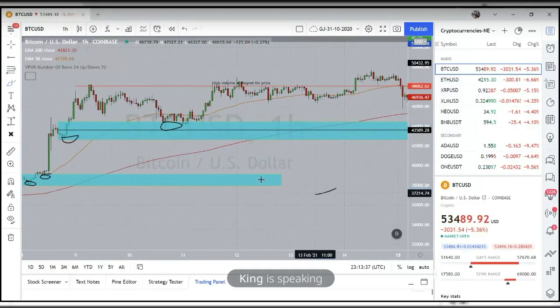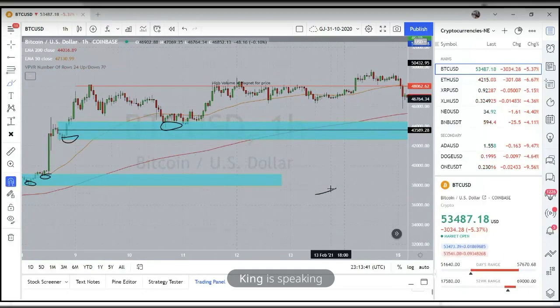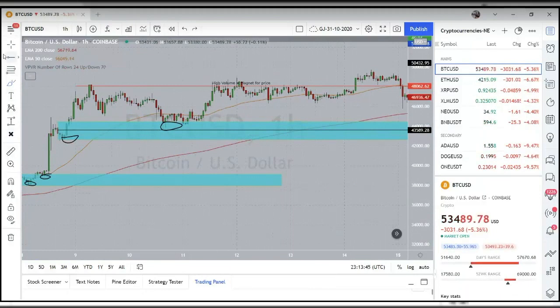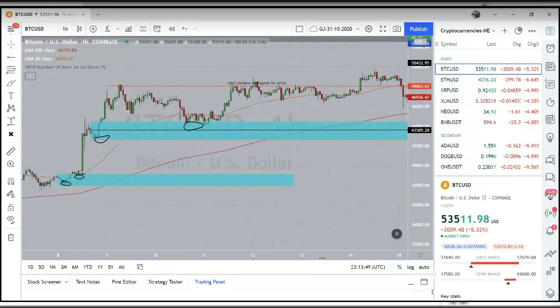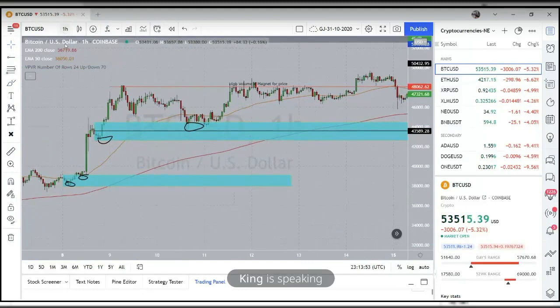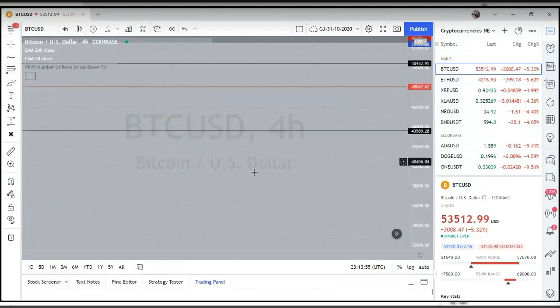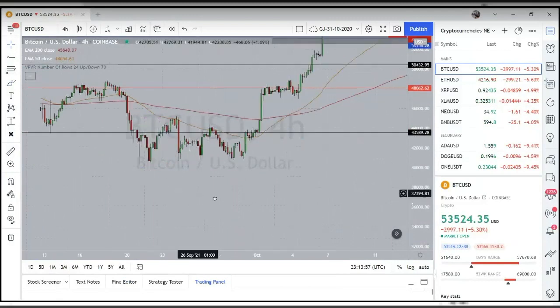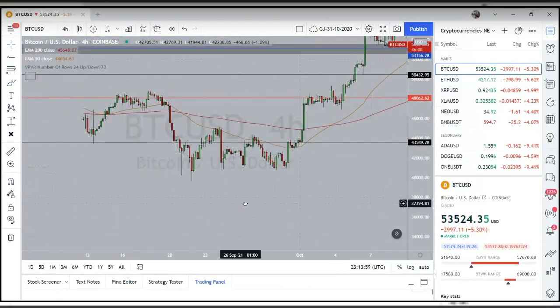So just to highlight some before I find the bearish example, that one there, we've got this one here, although I don't really like that one, but that one there.